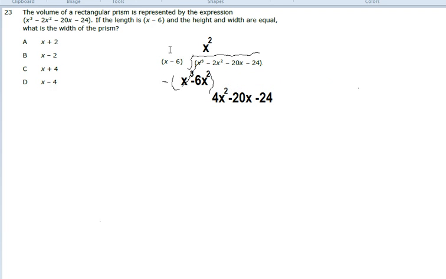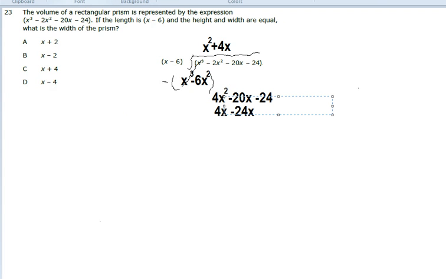This time 4x squared divided by x is going to be 4x. Okay, 4x times x is going to be 4x squared, and 4x times negative 6 is negative 24x. So I'm going to get 4x squared minus 24x.